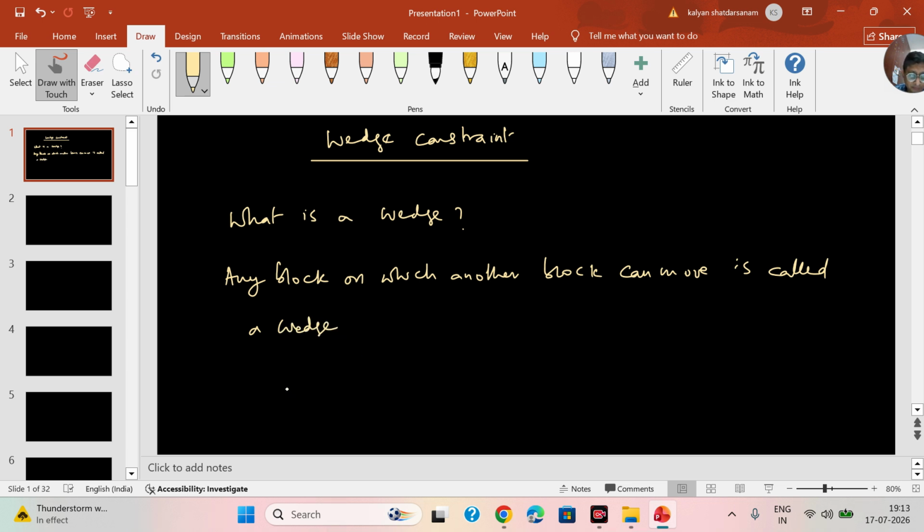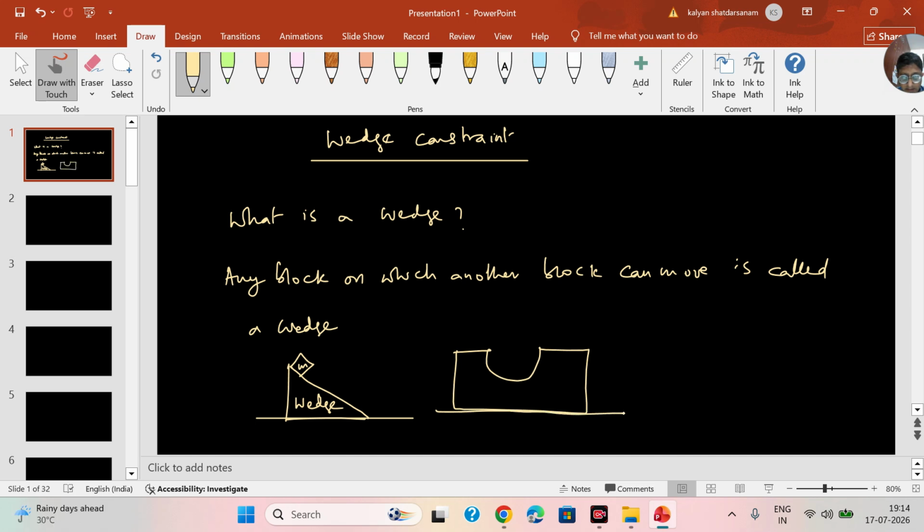For example, you see I can have a triangular block like this, on which you can have another block like this. So this is my wedge. It may be fixed or it may be movable. Both are possible. Or you can have a wedge of this shape. Many shapes are available. This is a wedge.